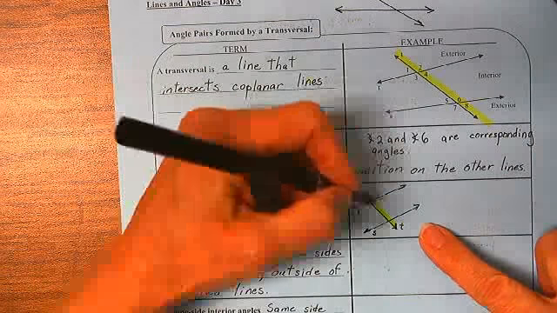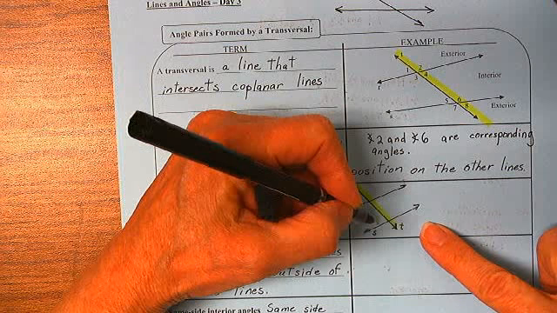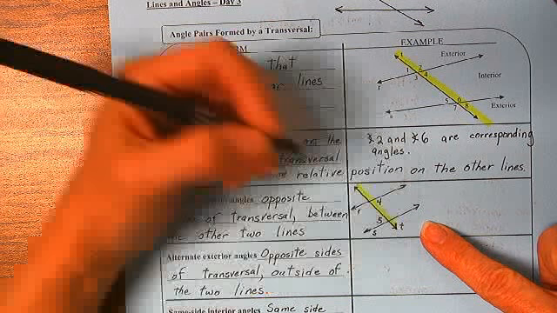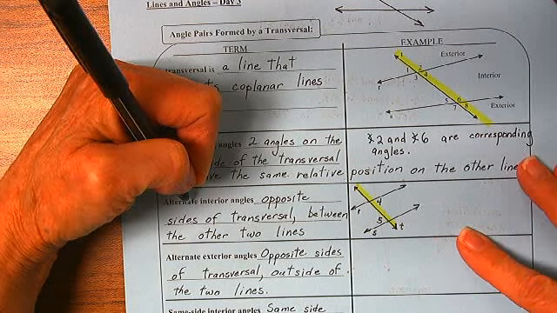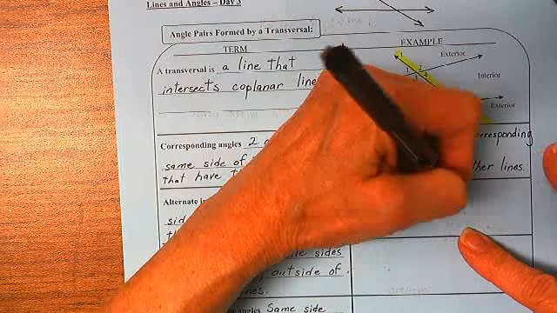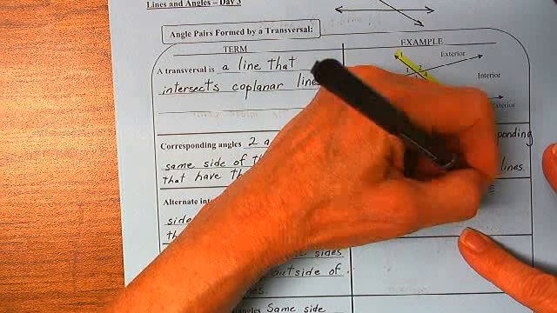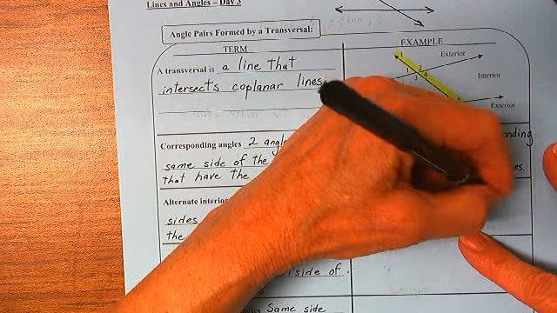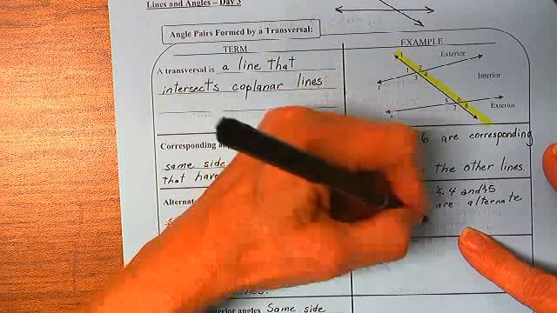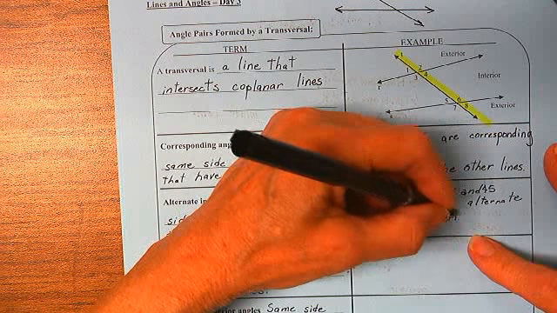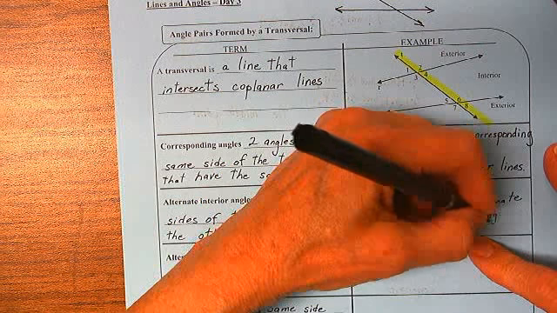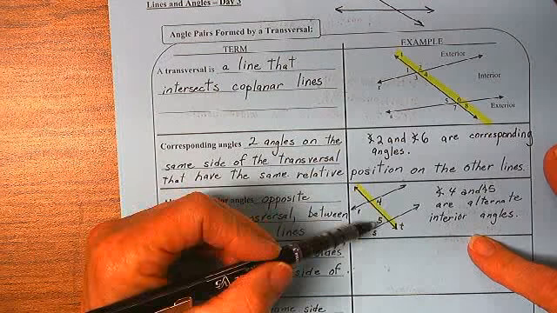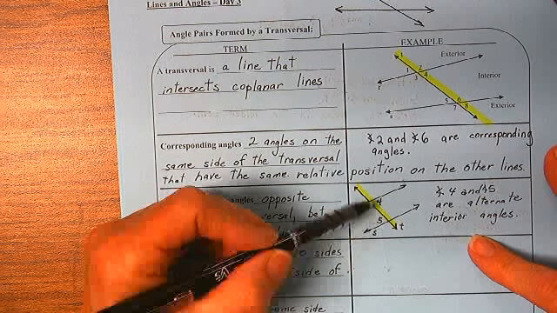Between the other two lines, that would be here and here, on opposite sides of the transversal, 4 and 5 would be alternate interior angles. Angles 4 and 5 are alternate interior angles. Alternate, opposite sides, interior, between the lines.